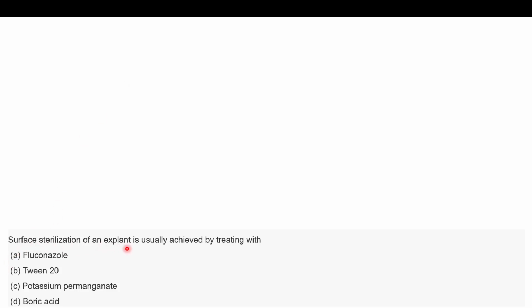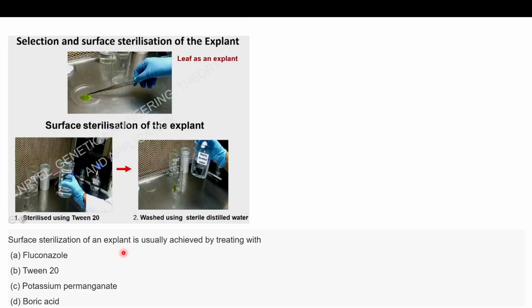A surface sterilization of an explant is usually achieved by treating it with which of the following substances? Suppose you have used a leaf as the part from where you want to generate the whole plant. First you have to sterilize it, but before that, you have to sterilize the surface on which you are going to work.